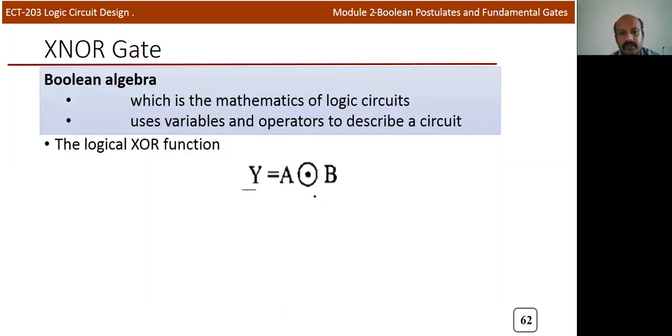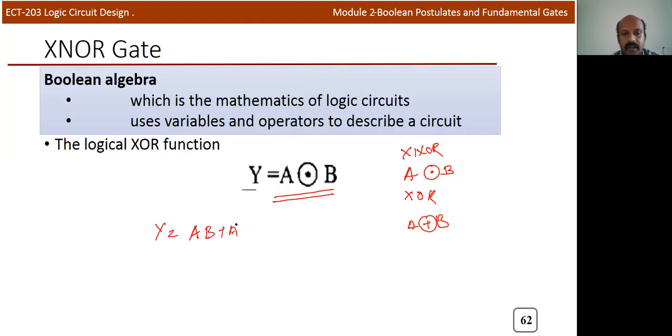And this is the Boolean algebra related to the XNOR operation. The symbol used: we write a dot, and above that we put a circle. This is the XNOR operation. For the XOR operation, we write A plus, and above that plus we put a circle. So this is the XOR operation and this is the XNOR operation. Just like in the previous case, you can write Y equals AB plus A bar B bar, which is equivalent to the XNOR operation.